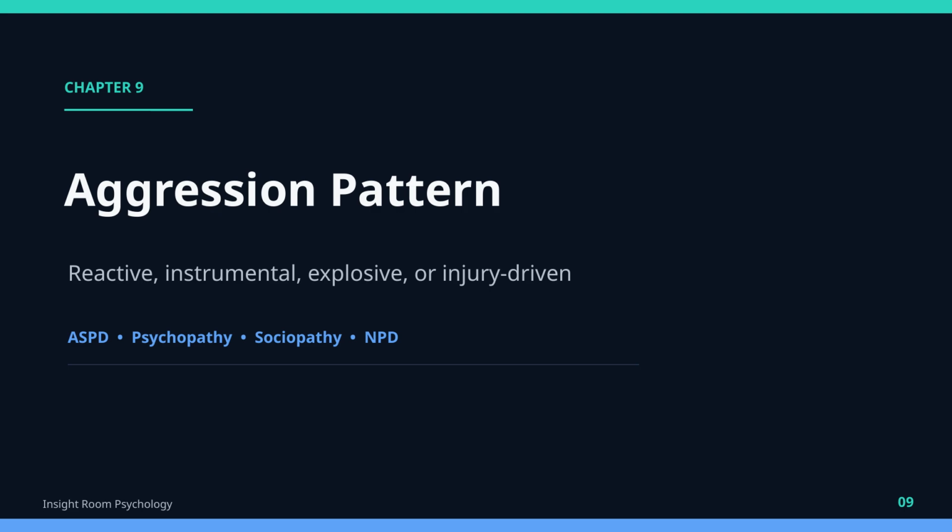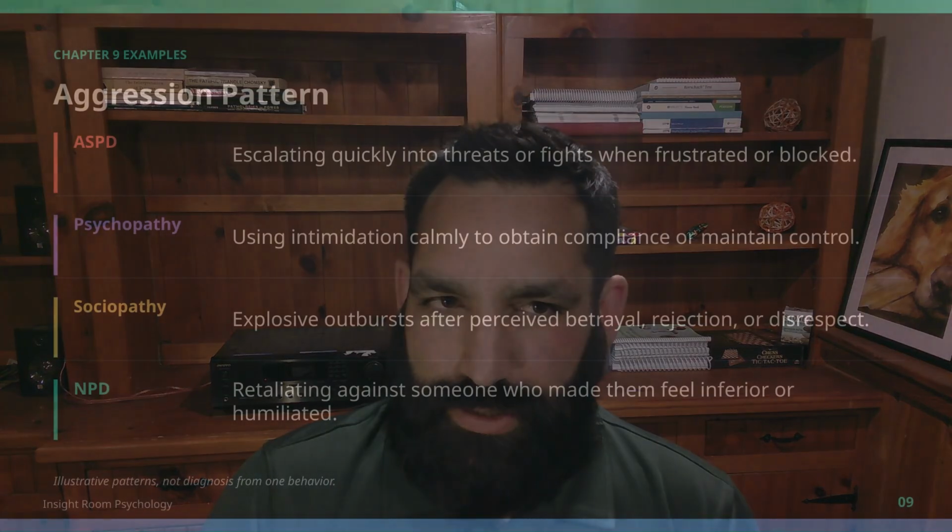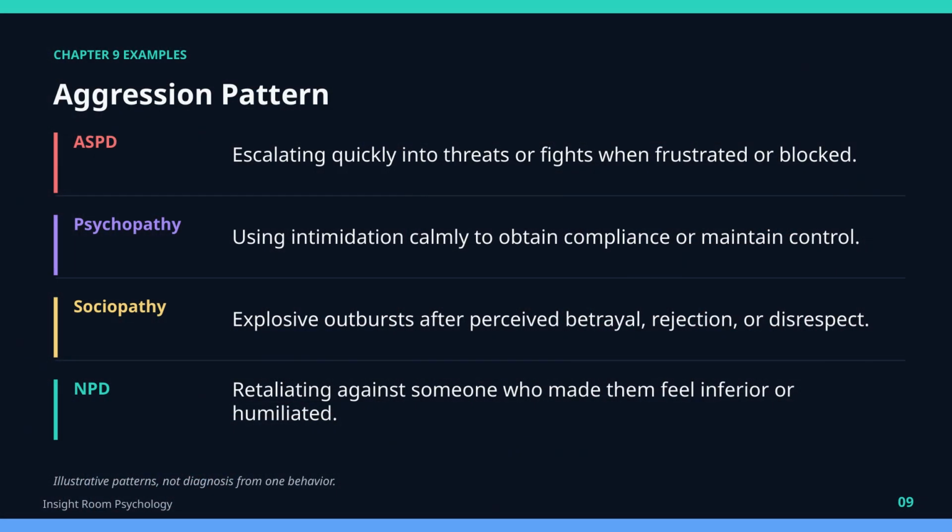With psychopathy, aggression is often discussed as more instrumental or goal-directed, though reactive aggression can also occur. For example, someone may use intimidation calmly to obtain compliance, silence a victim, or maintain control. The aggression may not look emotionally explosive, it may look controlled, precise, and purposeful.